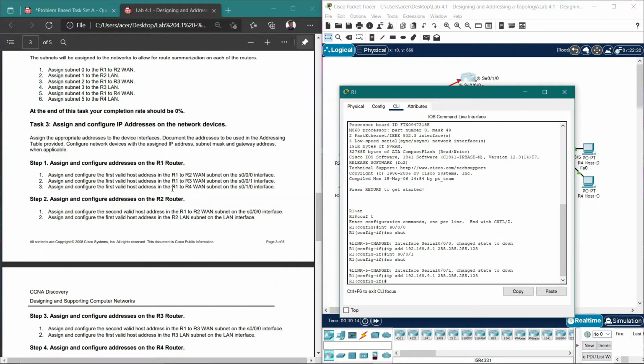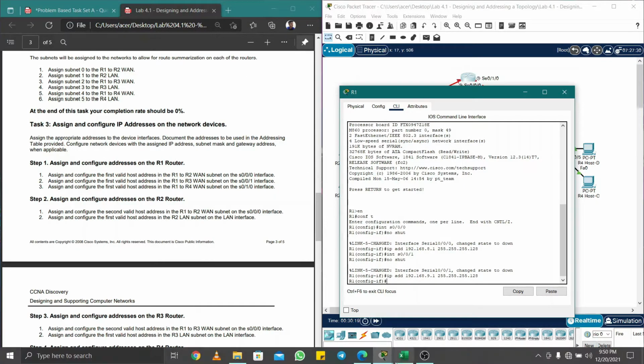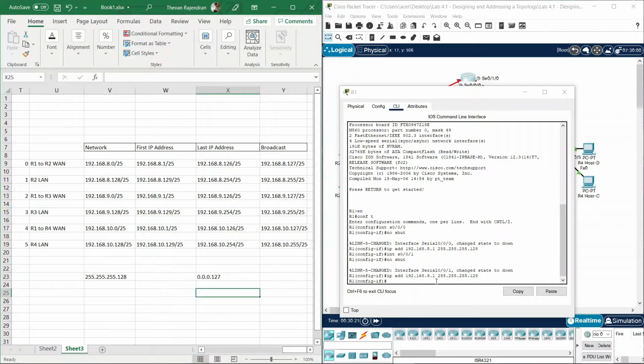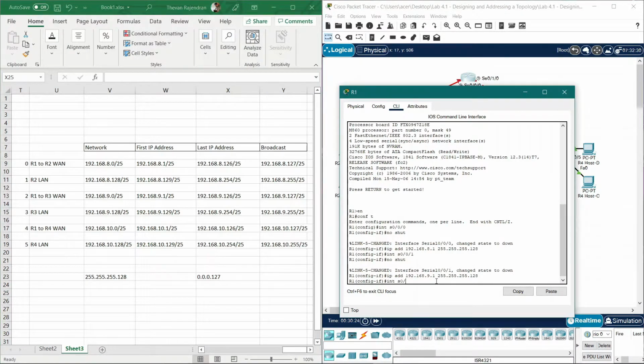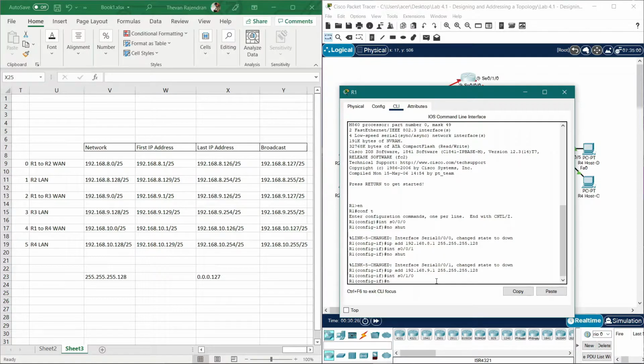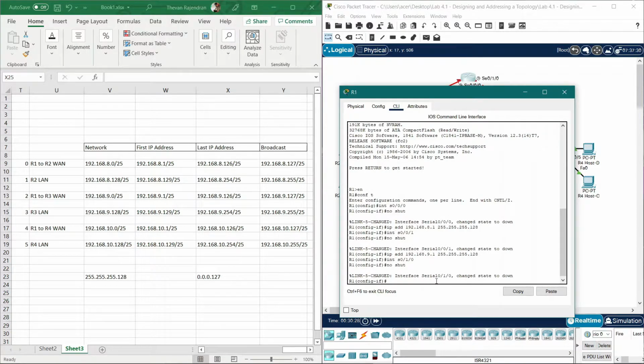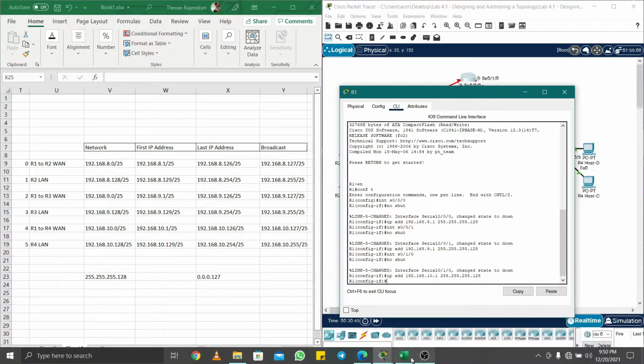And the next one will be R1 to R4, first IP address and the S0/1/0 interface. So that's the command for R1.